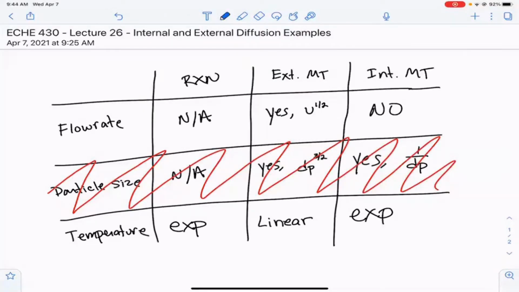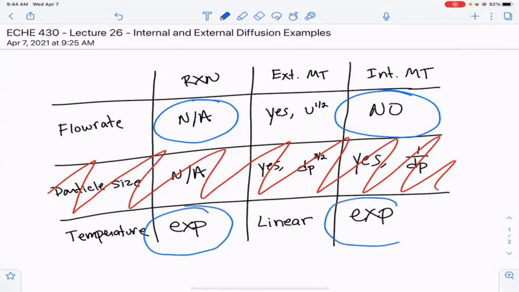Now, if we're not considering the particle size, actually the reaction and the internal mass transport have the exact same dependence on flow rate and temperature. So discerning between those two is going to take a little bit of engineering intuition, and we'll get into that in a minute.